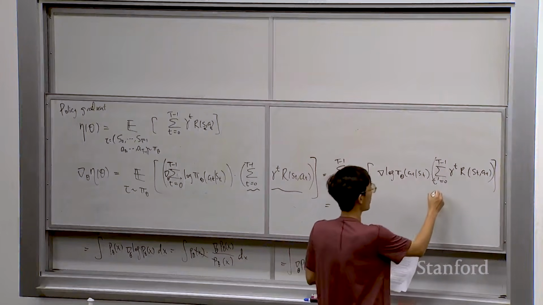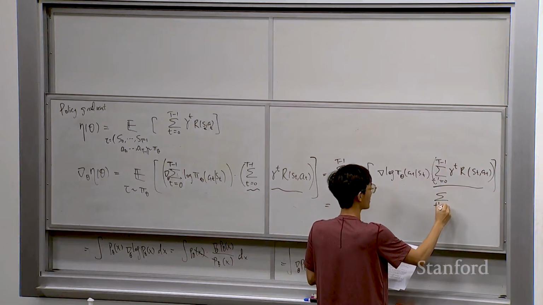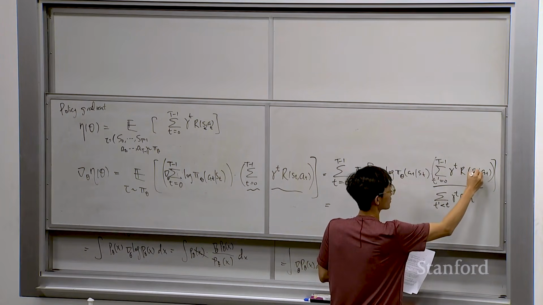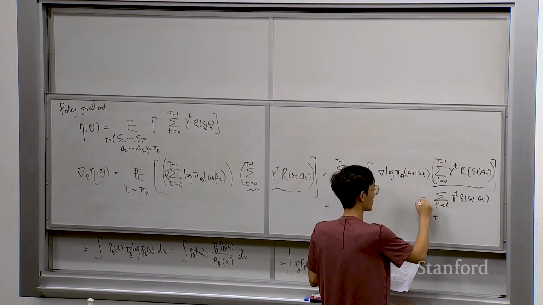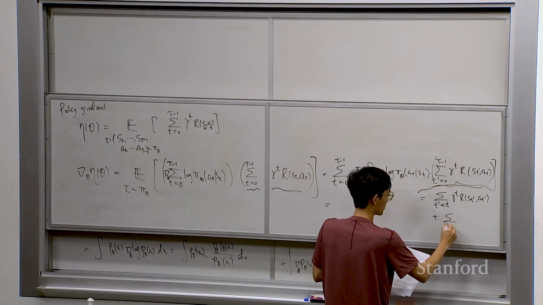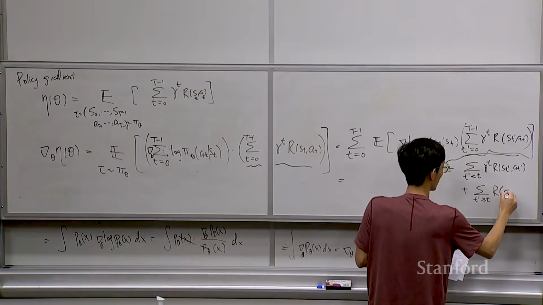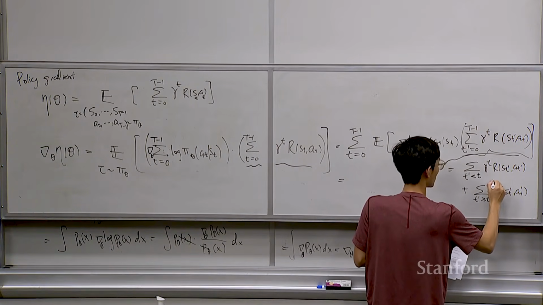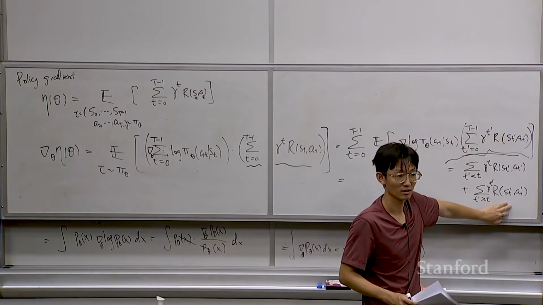Then you can decompose this term into two parts. One part is those t prime that are less than t, and another part is where t prime is bigger than t, r(s_t', a_t'). For the part that is bigger than t, I cannot do anything.